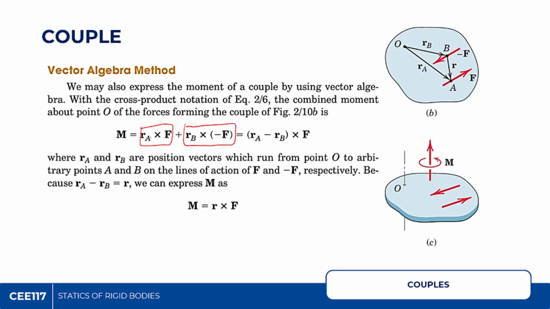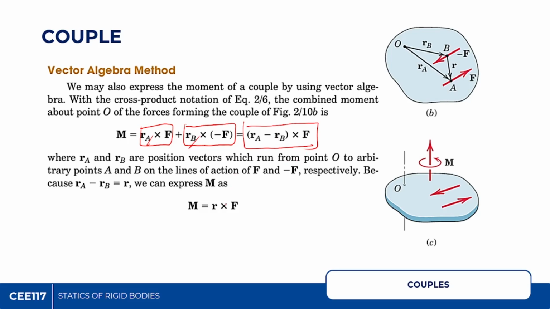Wherein if meron kang couples F and negative F, you can take the individual moments at certain points. So meron kang position vector at point A, position vector at point B. Okay, you just need to subtract the position vectors from A and from B, and then you take the cross product of the force.